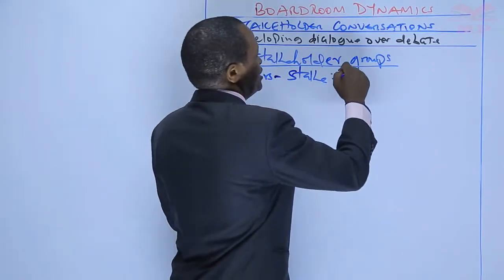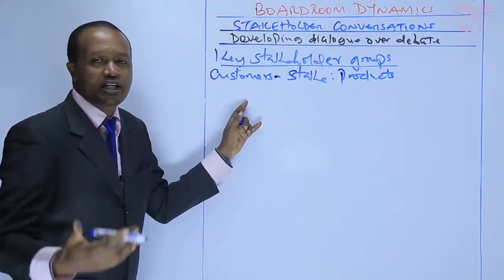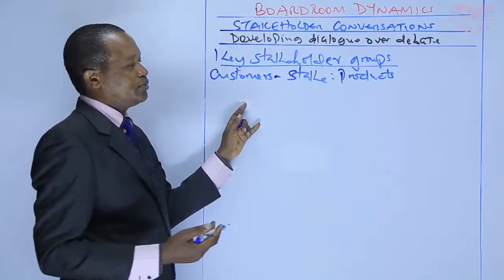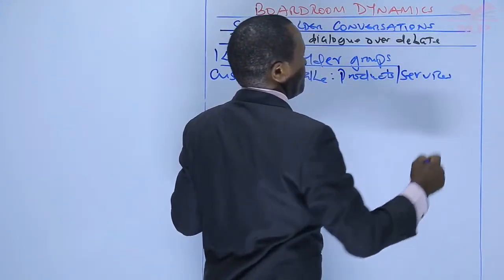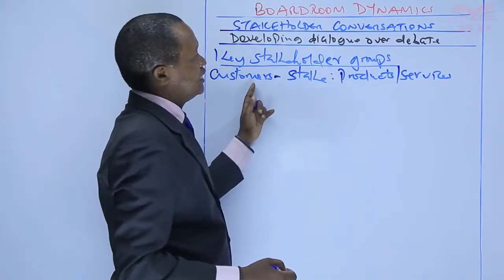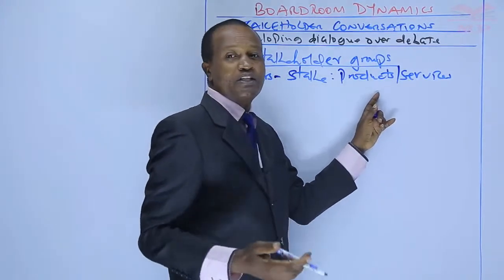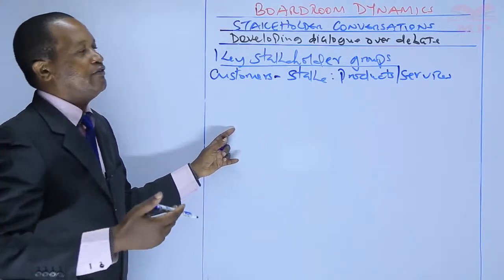The stake is products, high quality products. All right? Products, services. This is the stake that customers have in a company. Products or services that are of high quality and value.